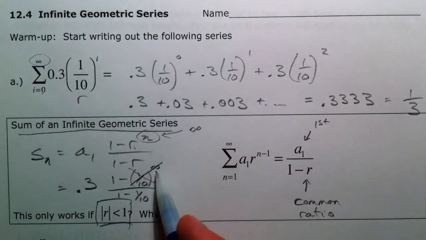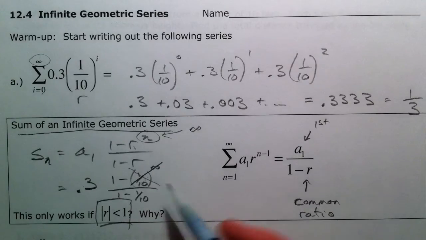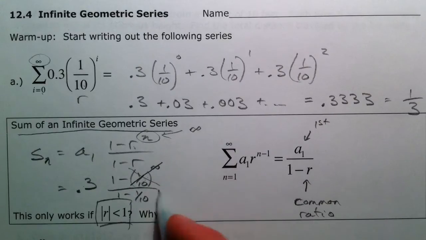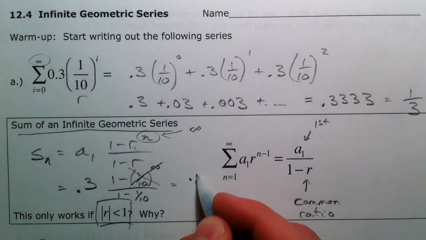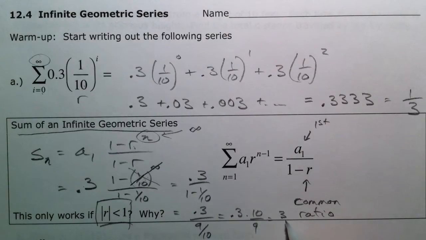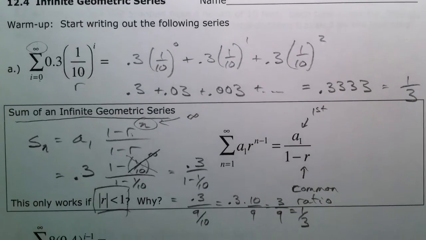Anything getting smaller and smaller every time goes to 0. So you end up with 0.3 over 1 minus 1/10, or 0.3 over 9/10, or 0.3 times 10/9. Multiply by 10, you get 3/9, or 1/3. And so that's how that works.